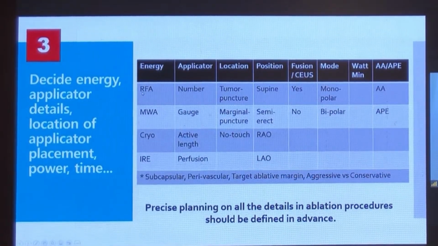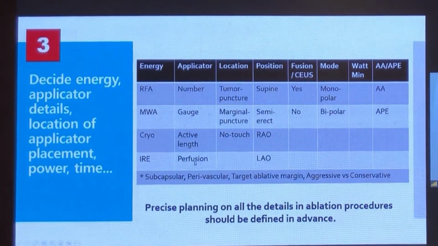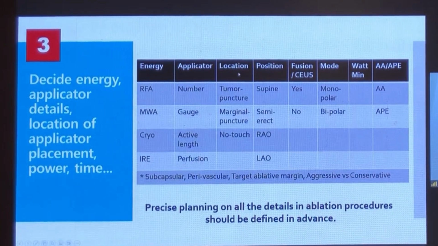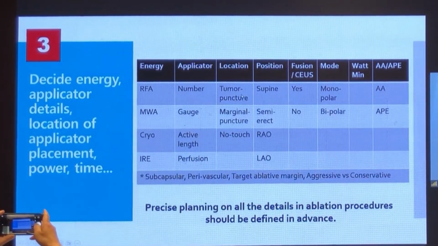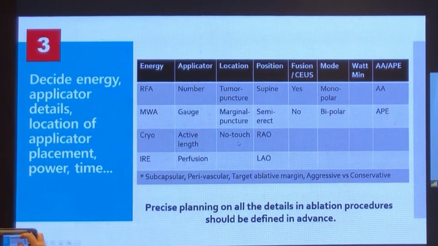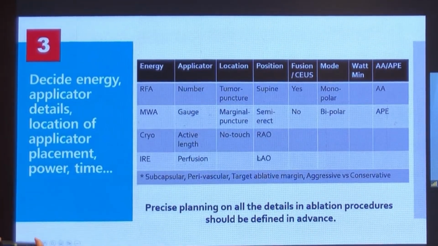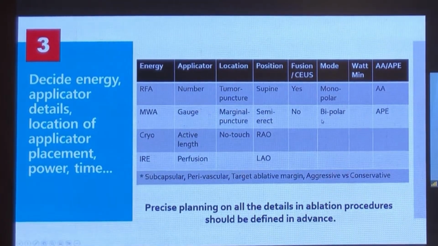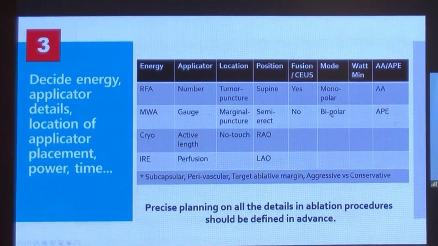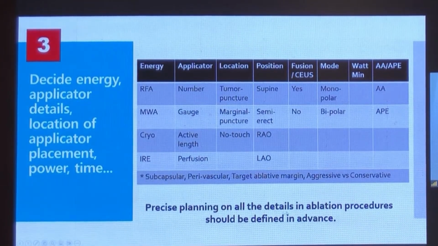For example, we should decide which energy would be better for the particular tumor, and applicator number, gauge, active length, and perfusion type or not, the location of antenna, tumor puncture or marginal puncture no-touch technique, and the position supine to LAO, ultrasound or CT guidance as well, monopolar, bipolar, and whether we have to use artificial ascites diffusion.